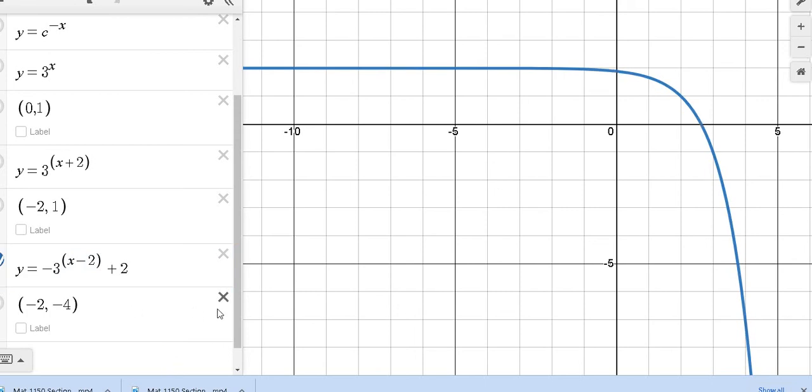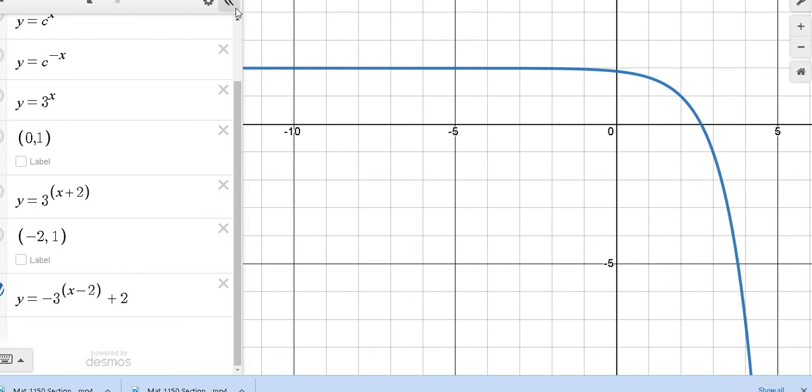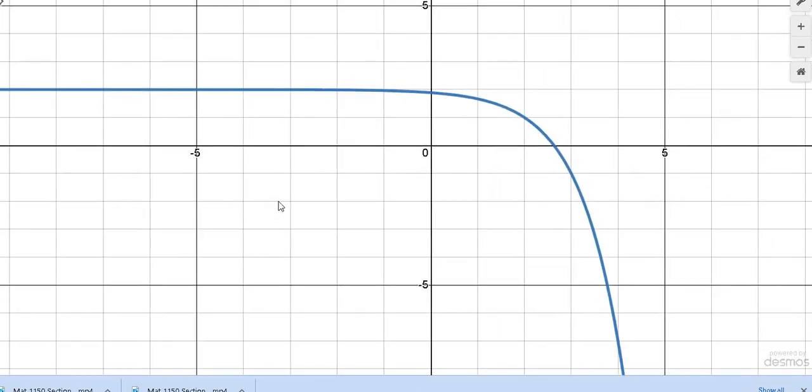Let's get rid of that, and we can shut that off. So the range, that's the y values. You want to go from lowest to highest. So on the high end, it's getting close to, but never touching what number? 2. You can kind of see that and figure that in different ways.